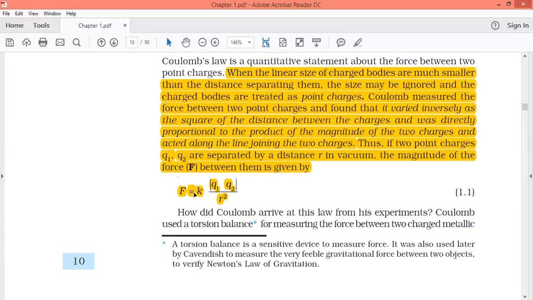To remove the proportionality, we multiply with a constant. Here K is a constant, and force is directly proportional to the product of the two charges and inversely proportional to the square of the distance between the charges, r. So F is equal to K Q1 Q2 divided by r square.